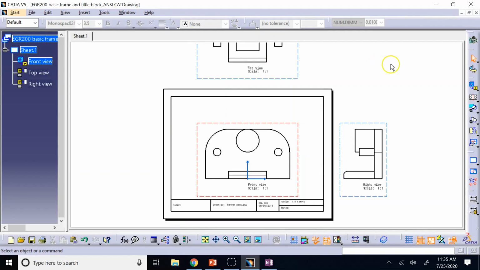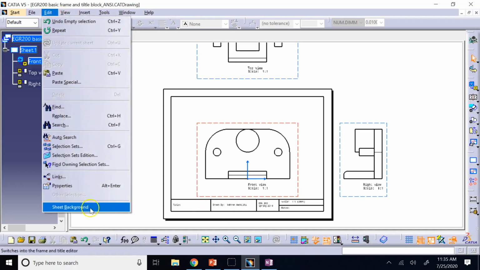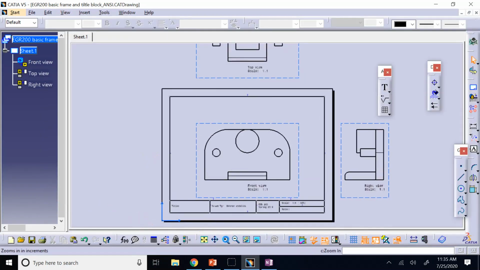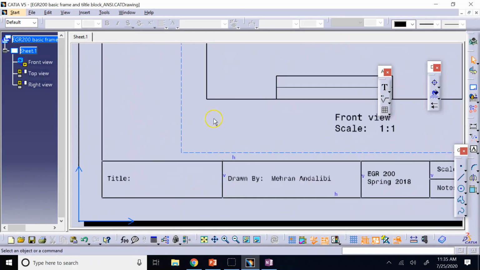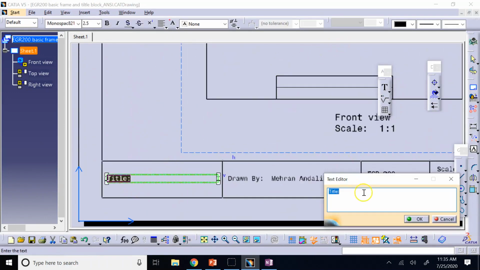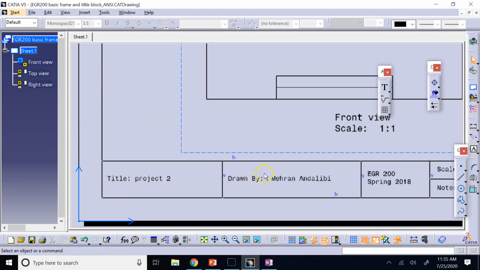All right. So when I want to modify this frame and title block, again, I go to Edit, Sheet Background, and I put my info here, right? So I say, well, the title is Project 2. By the way, it is really your Project 2 file. Drawn by me or you.